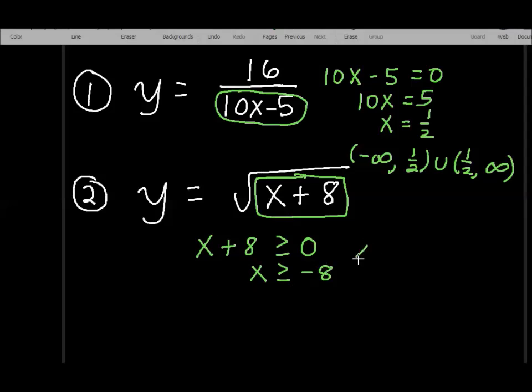And on the number line, that's going to look like from negative 8 all the way up to positive infinity. In interval notation, we're going to start with negative 8 and include negative 8, so I'm going to use a bracket and go all the way up to infinity.